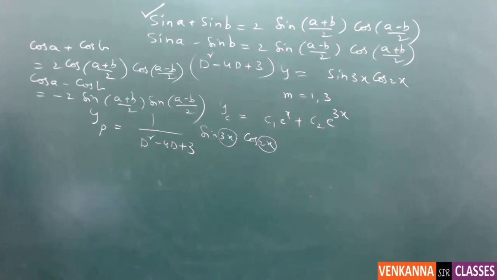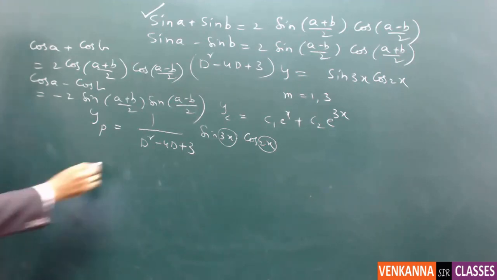So here you are taking two numbers that on adding and making it half, we should get 3x. Taking the difference and making it half, you should get 2x. So sin 5x plus sin x, all of you agree for that? Using that formula.